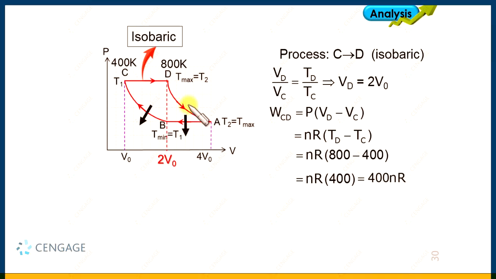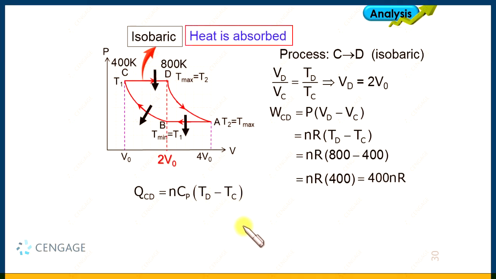Now, let us find the value of Q_CD. This is the isobaric process, and for an isobaric process we can write Q equal to n Cp delta T. As we know, T_D is greater than T_C, so this value will be positive, and Cp is equal to 5 by 2 R. So this is n multiplied by 5 by 2 R multiplied by 800 minus 400, that is 400.